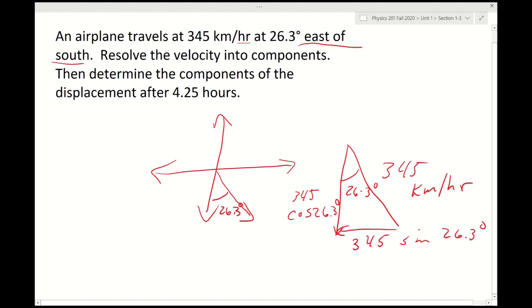So that's going to give us 309.3, and then this one is going to give us 152.9, and these are in kilometers per hour.